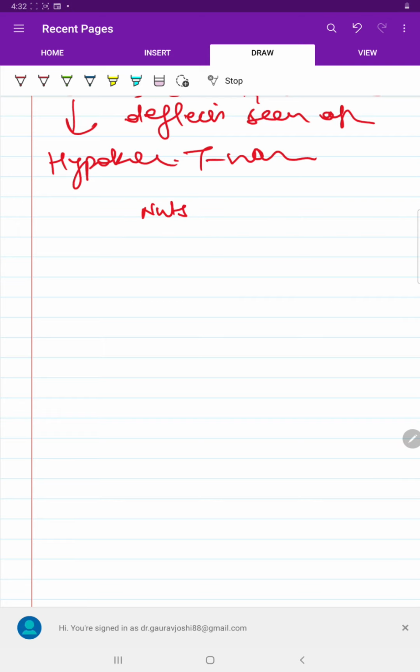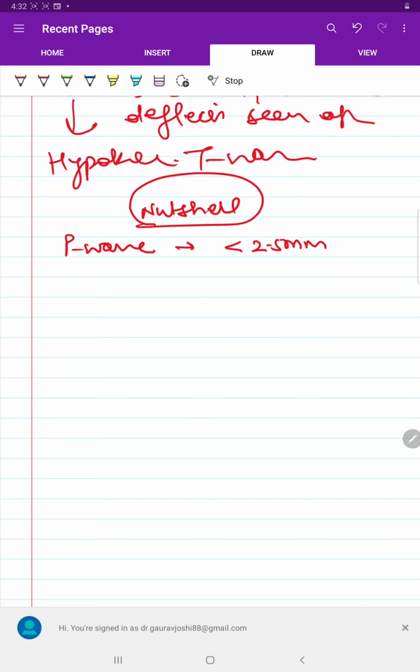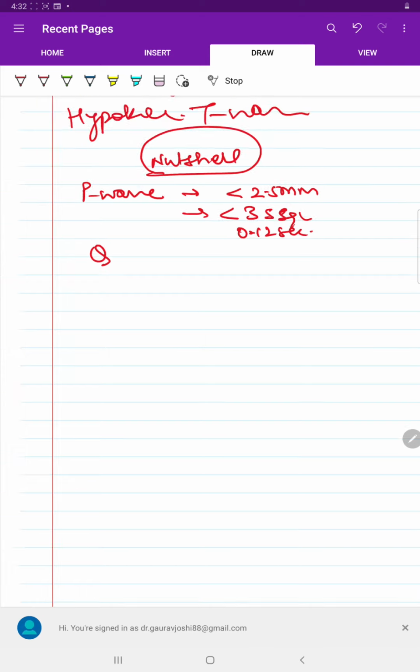In a nutshell, if you want me to write it, then P wave is less than 2.5 mm in amplitude, less than 3 small squares horizontally, 0.12 second. Then Q wave, I have not discussed the Q wave.